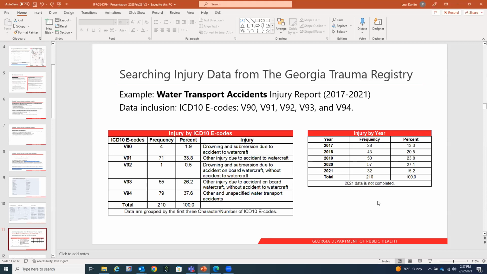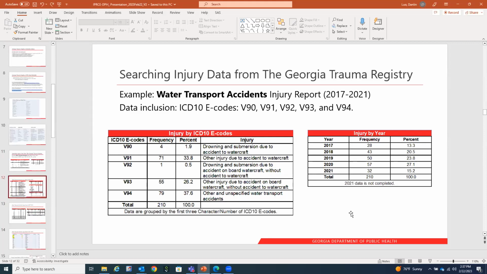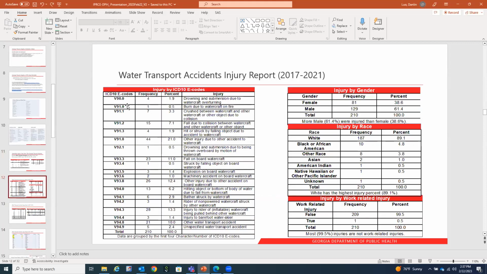If you look at the right side, this is the frequency by year. And here, if we want to look more about the injury, we can group it by the first 4 characters.